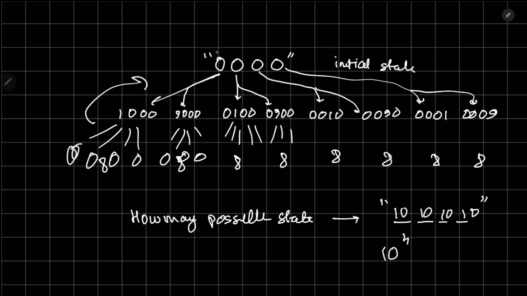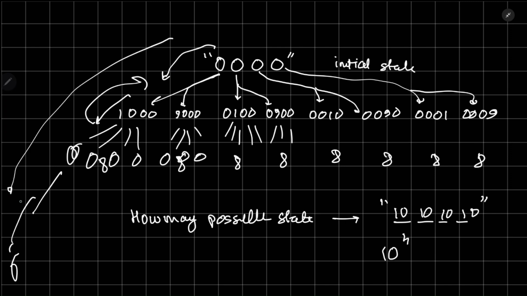What DFS will do is first explore this child, then this one, then this one, moving down the left-hand side, and when it is exhausted and doesn't find any solution, it will move up. Let's say we find a goal state here, and in this particular case we find the goal state here only.